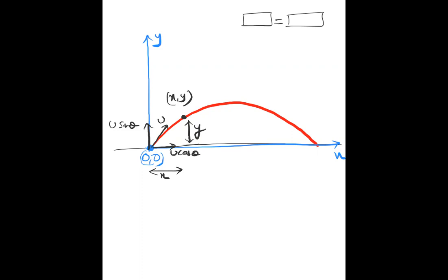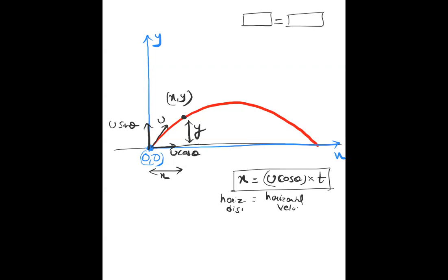If you talk about horizontal distance, there is no acceleration. So distance equals speed into time. So u cos theta, the horizontal speed, into time. Time is not horizontal or vertical, it's just normal. This is one of the equations: horizontal distance equals horizontal velocity into time.